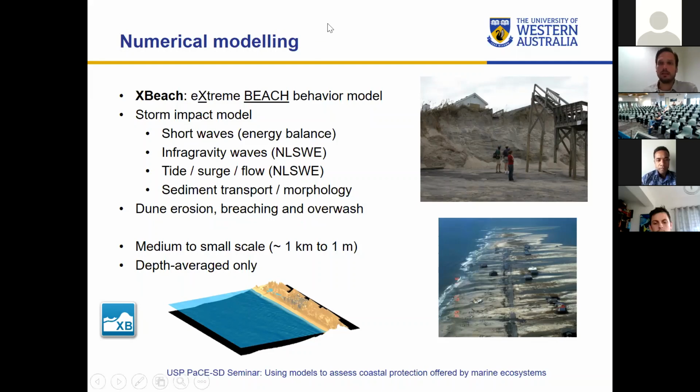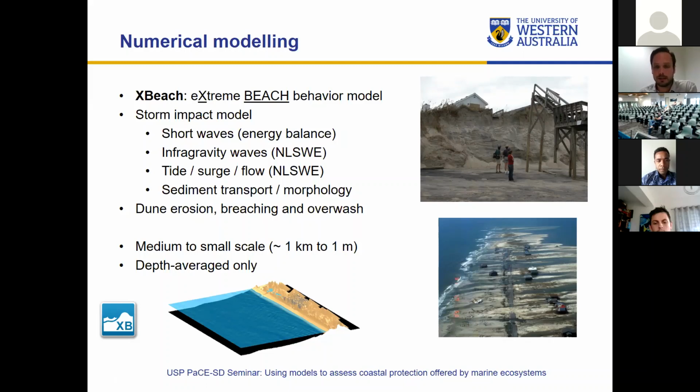So XBeach originally is a model for storm impact. So it's designed to calculate dune erosion, to calculate beach erosion, and also the hydrodynamics that go with it. It's quite, we would say, a detailed model from a coastal engineering perspective. So we typically run it at kilometer to meter scale. And it's been out there now for over 10 years, and it's been widely used.